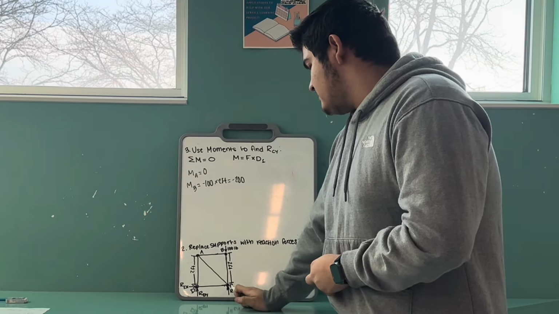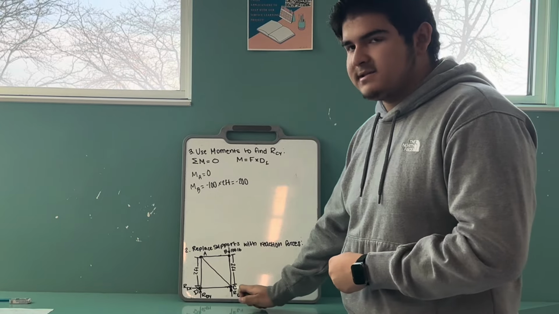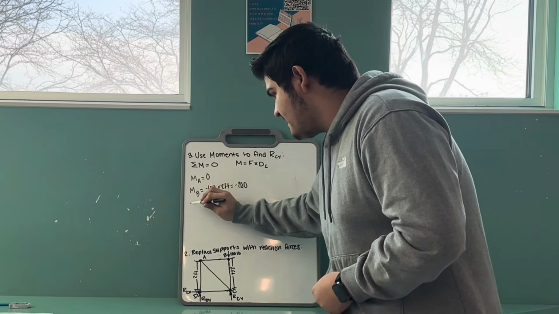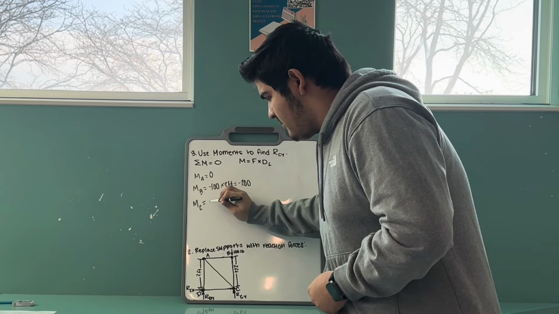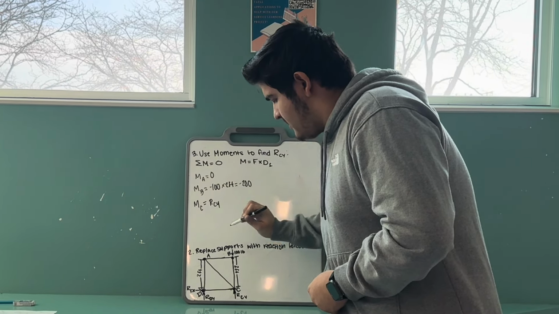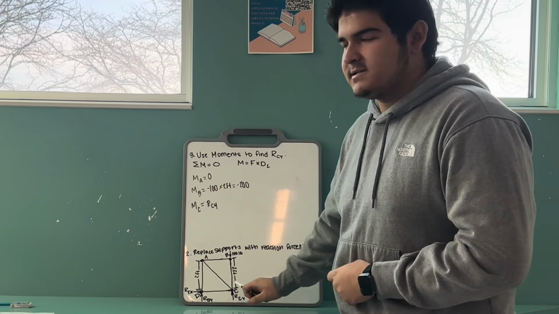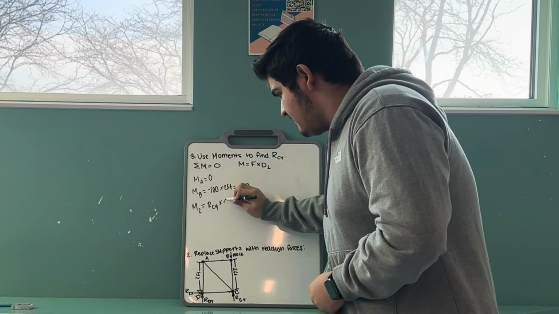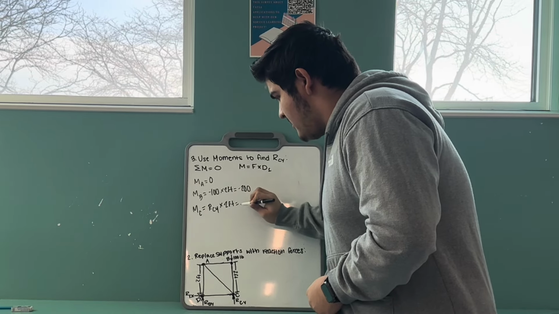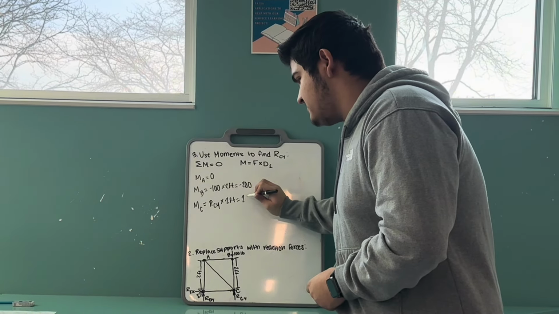Then we have moment C, where the force acting on it is RCY, with a perpendicular distance of 2 feet, which just equals 2 times RCY.